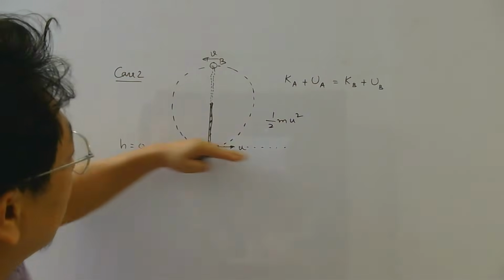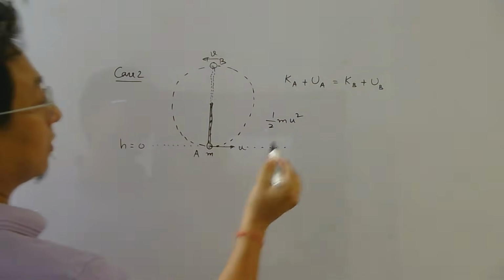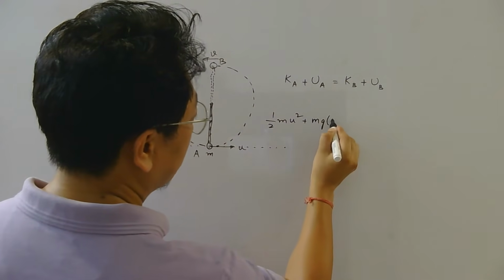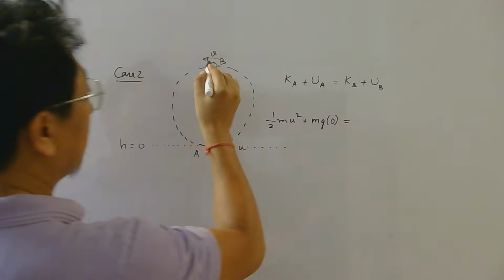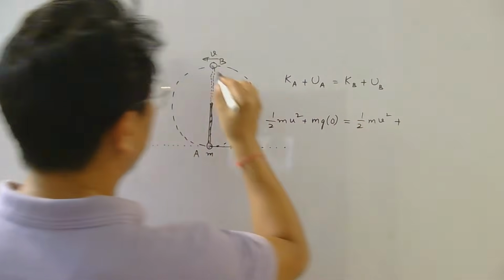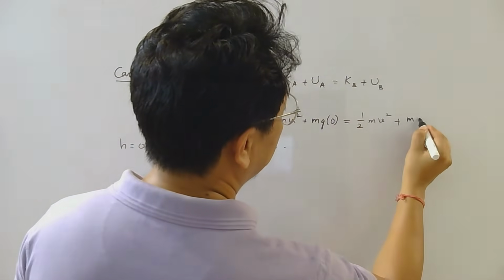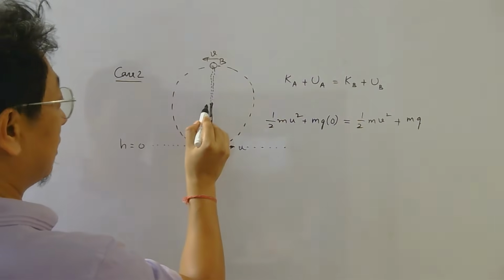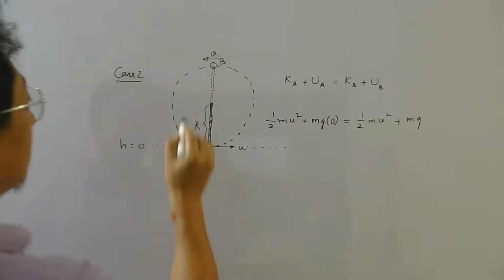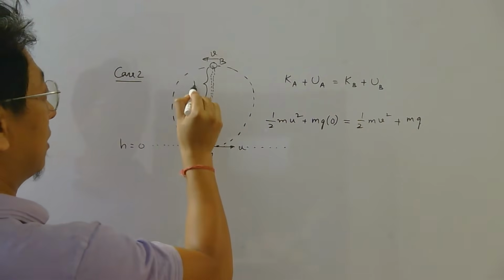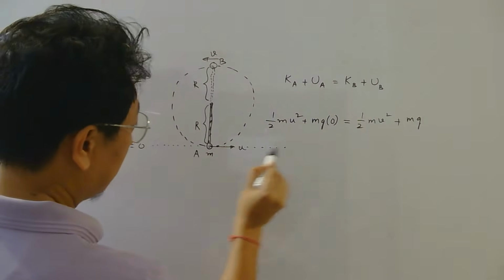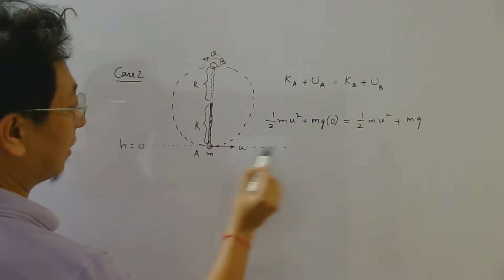So if I choose this point as height 0, then potential energy at that point will be mgh, but h is 0, so potential energy will be 0. Kinetic energy here will be half m v square, and potential energy here will be mg into height. Now if the radius of this circle is r, which is the length of this rod also, then the height will be r plus r, 2r, right? The total height of this body from the height 0 line will be 2r.